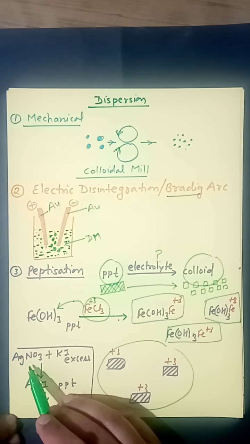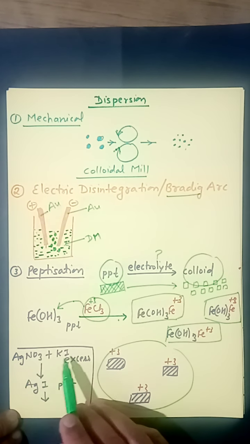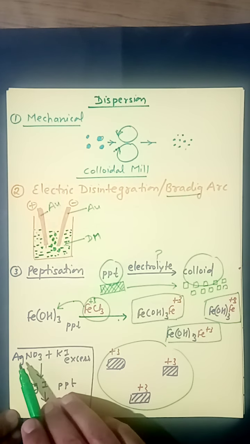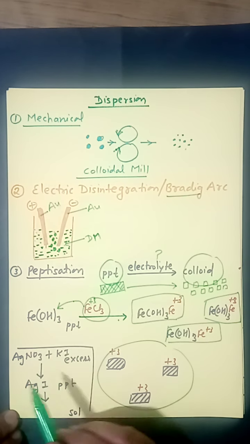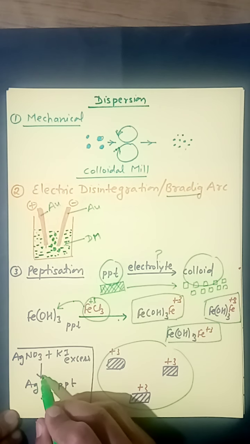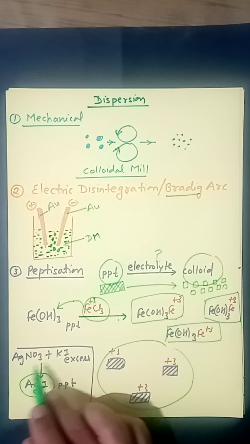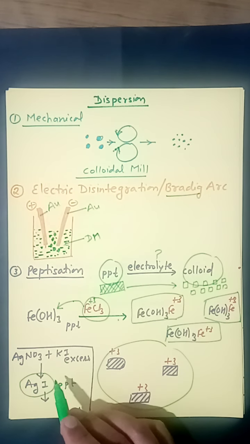One more example you can see here: silver nitrate mixed with excess of potassium iodide solution. When you mix these two solutions, you will see a yellow precipitate of silver iodide. AgI will appear as a precipitate.